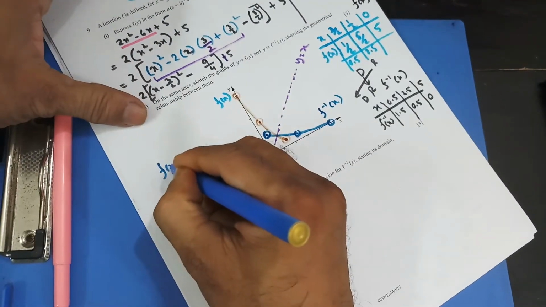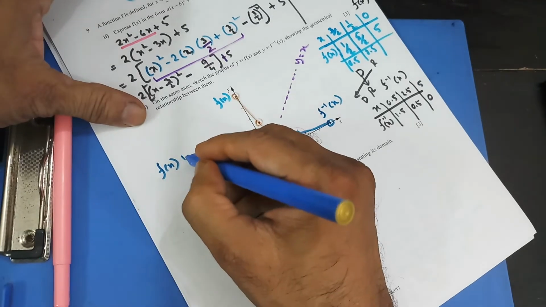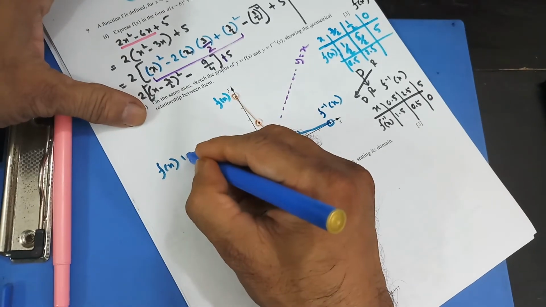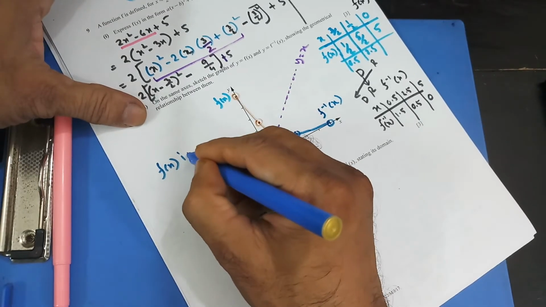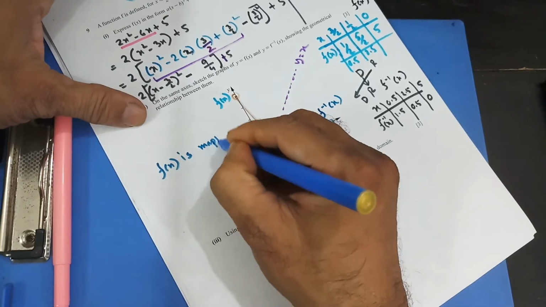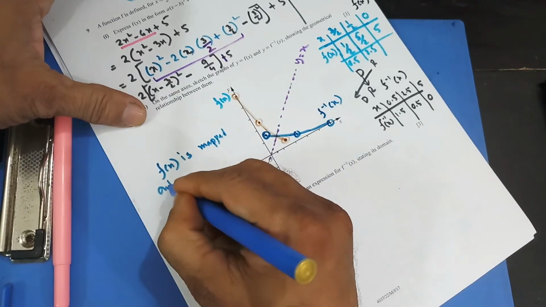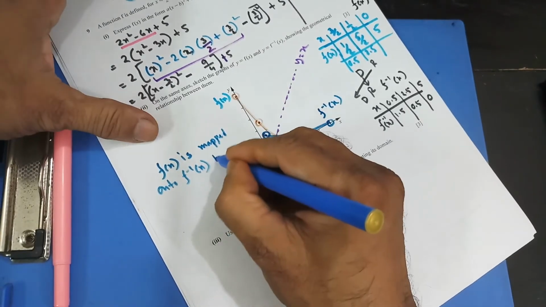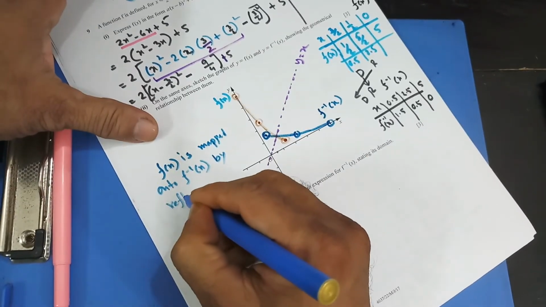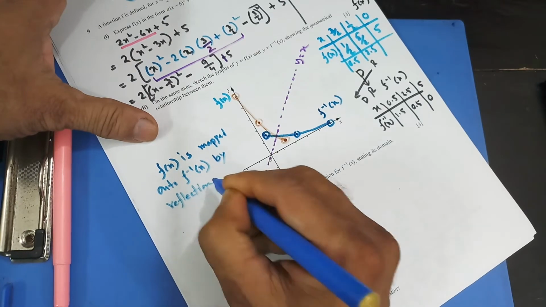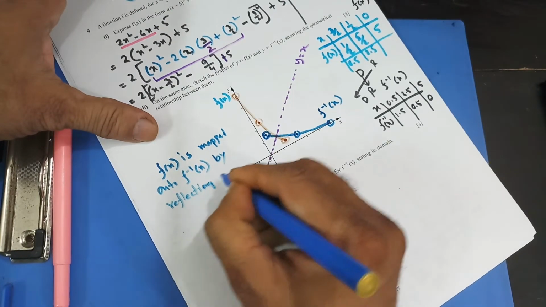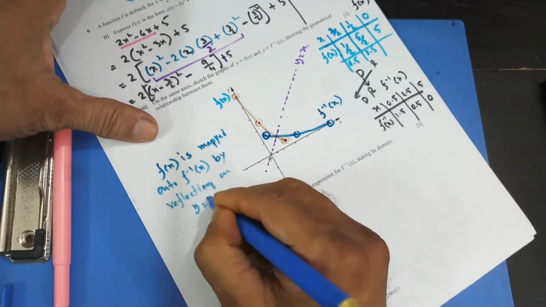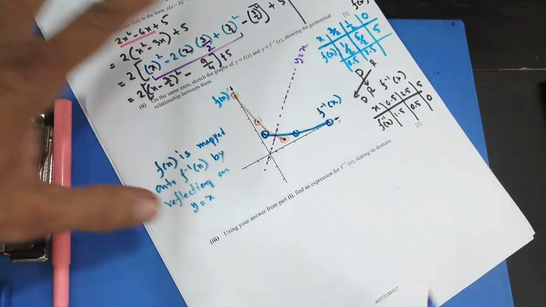You can just write down that the function of x is mapped onto the inverse function of x by reflecting on y equals x. You don't need to write this down, it's just to show you.